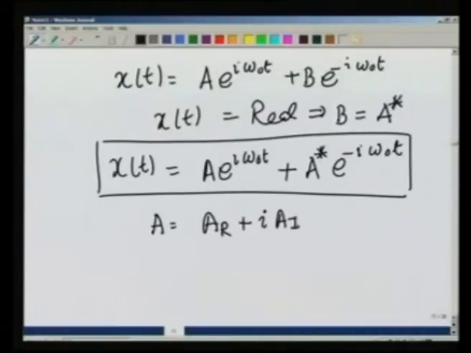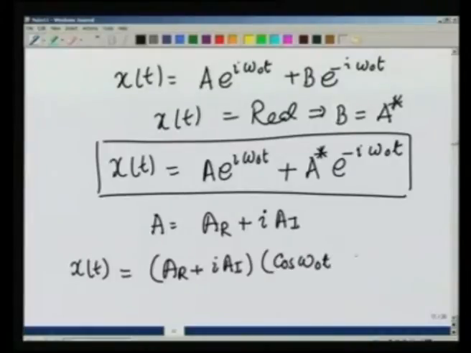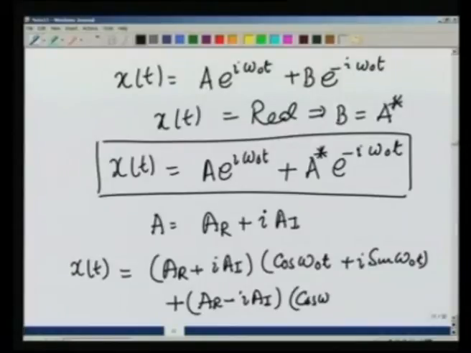When I substitute this, I get x(t) equal to a real plus i a imaginary, and I can open up e raised to i omega 0 t as cosine of omega 0 t plus i sine omega 0 t, plus the second term, which is a real minus i a imaginary, where a imaginary is the imaginary part, times cosine of omega 0 t minus i sine of omega 0 t.